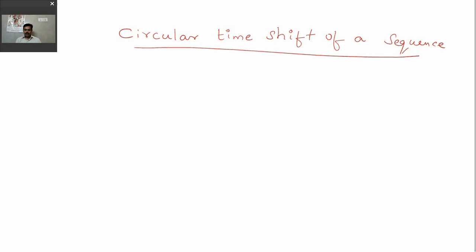Now you are considering a sequence x of n and its N-point DFT is X of k.